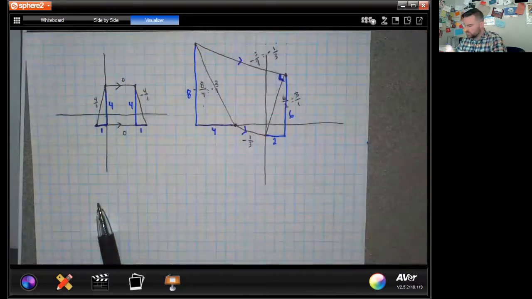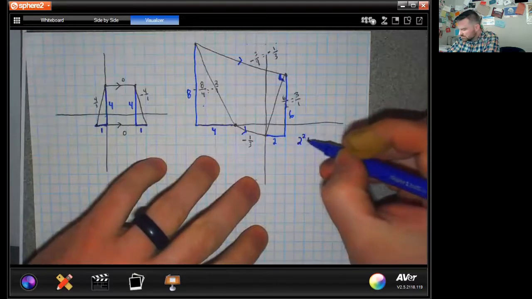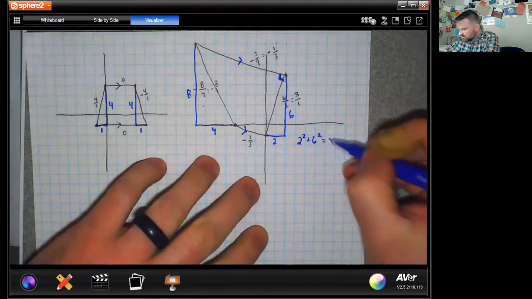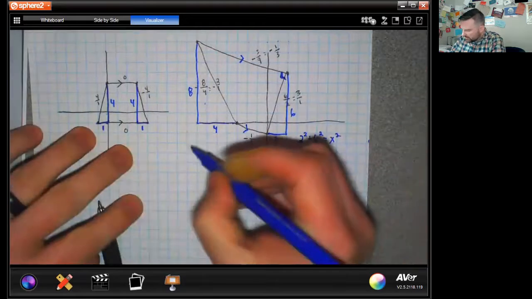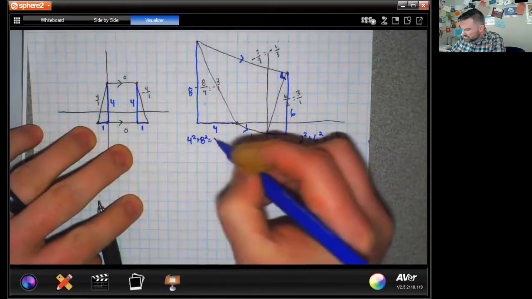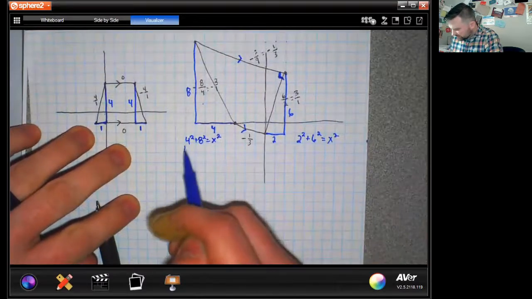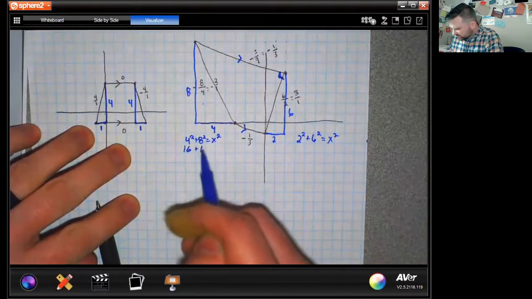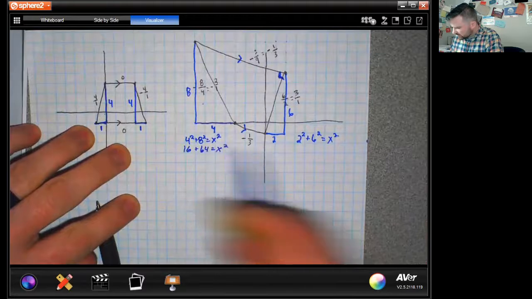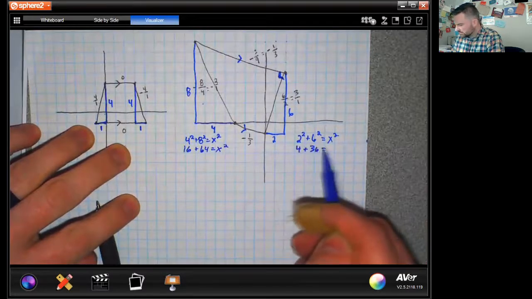And if you want to go through this and do the Pythagorean theorem, 2 squared plus 6 squared equals x squared for this one, and 4 squared plus 8 squared equals x squared for this one. Okay, so you have 4 squared is 16, 8 squared is 64, 2 squared is 4, 6 squared is 36.